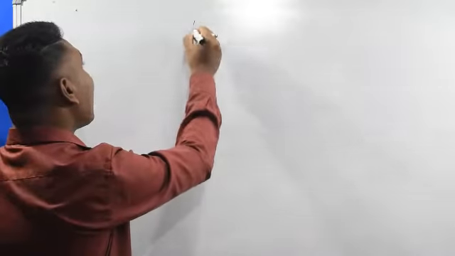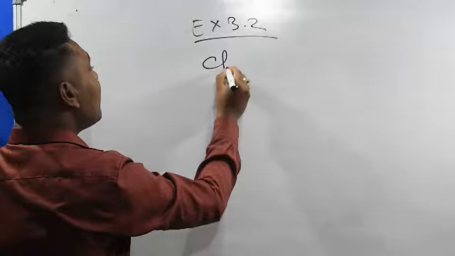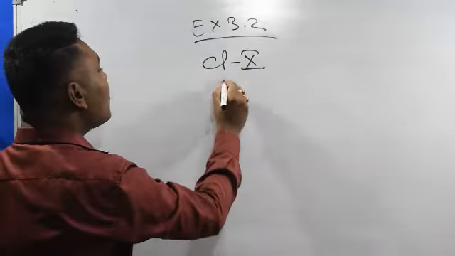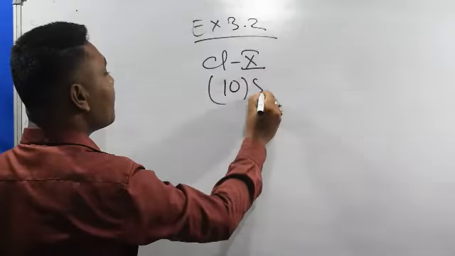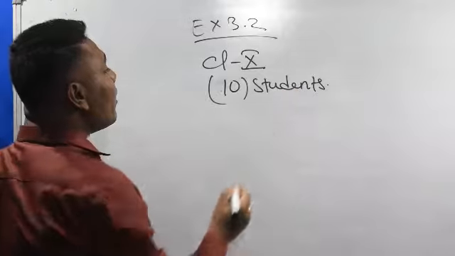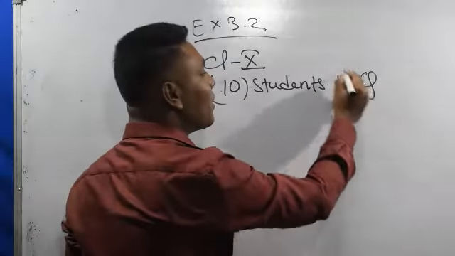So 10 students of class 10 took part in a mathematics quiz. The question is given as: 10 students of class 10 took part in a mathematics quiz, that is MQ, mathematics quiz.